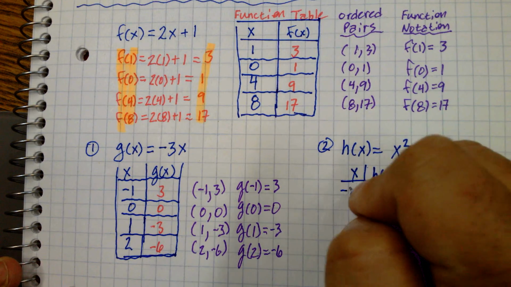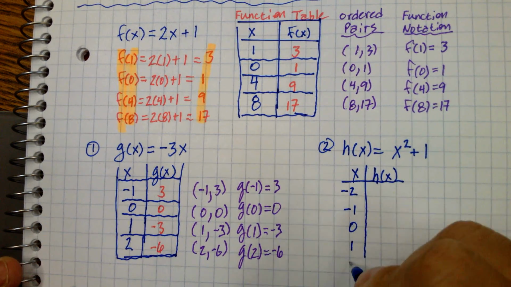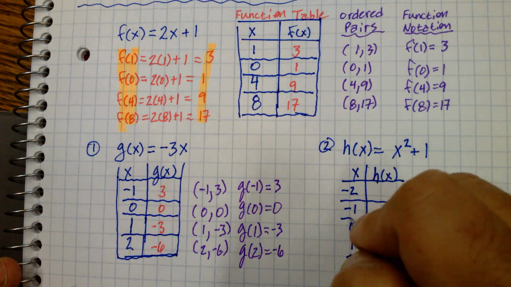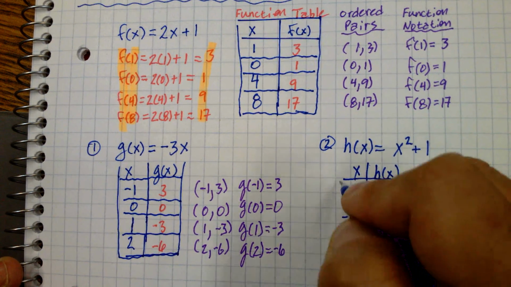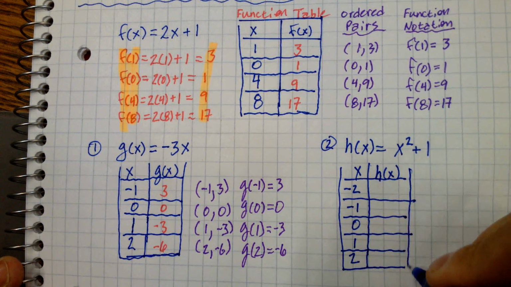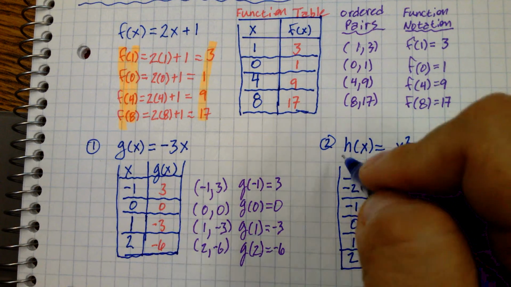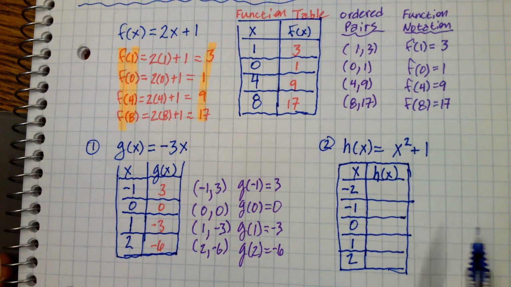And we'll do negative 2, negative 1, 0, 1, and 2. So this one is quadratic. So we're going to have that symmetry that we saw last time. Okay. So let's look at the rule though.